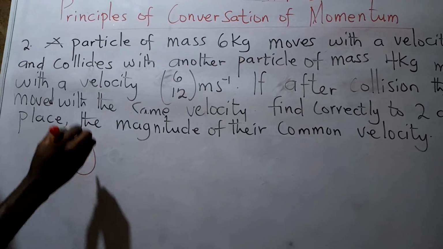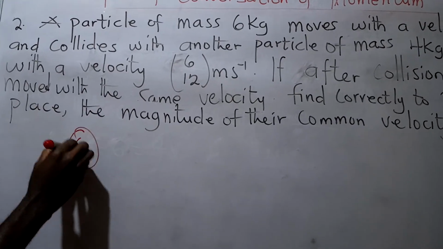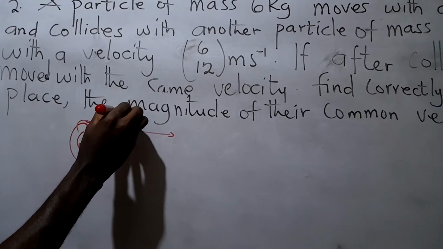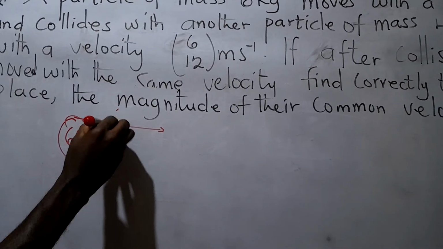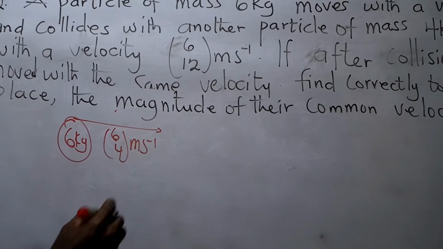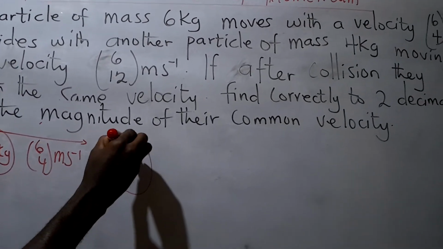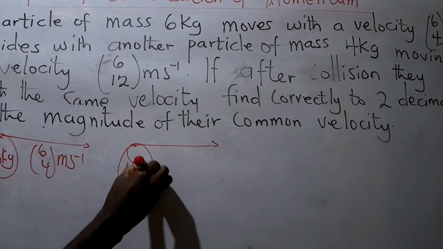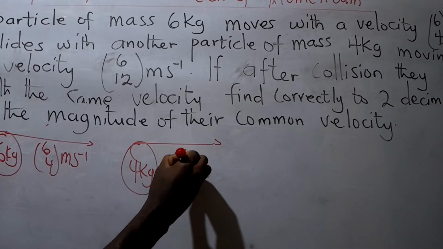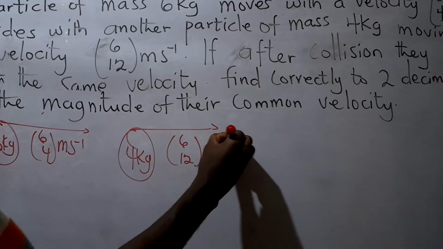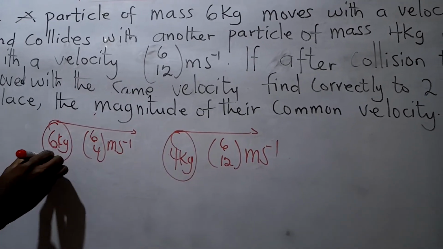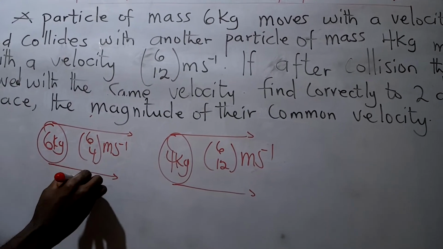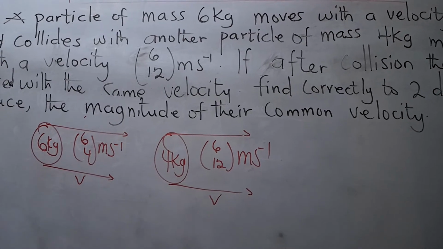This is the first particle, of mass 6 kg, moving with an initial speed of 4 meters per second, and it collides with another body of mass 4 kg moving with a speed of 12 meters per second. After collision, they move with the same velocity and we are asked to find that velocity.